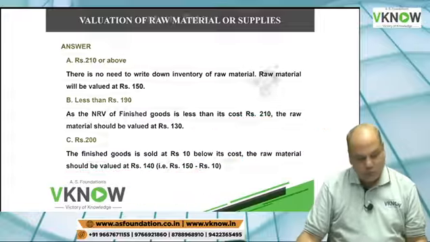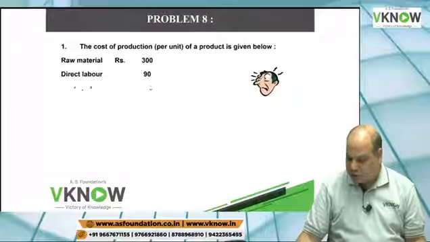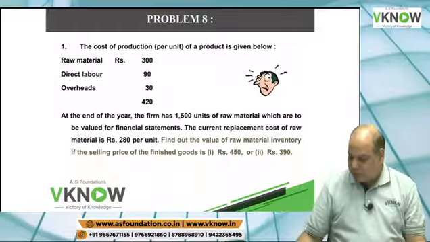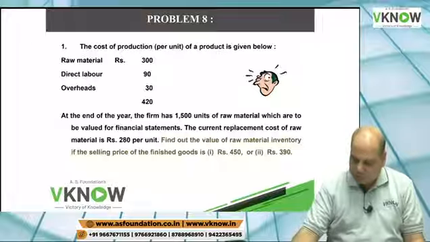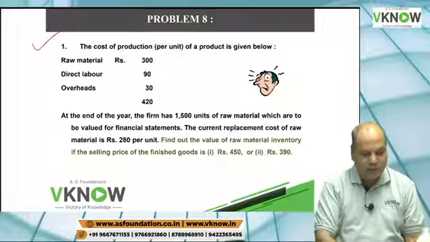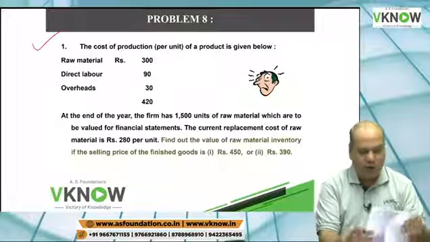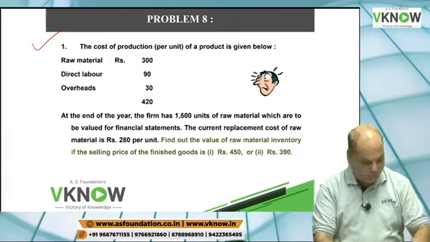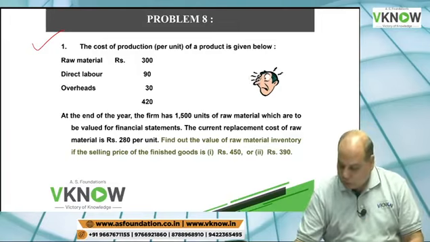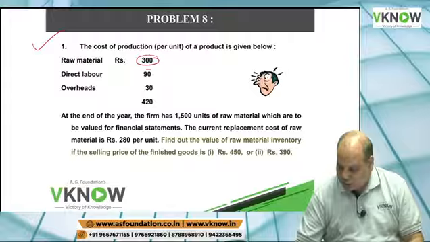And when you do the practice of question number 8, let us practice one more question. Question number 8 is there. We'll practice together in the classroom. Raw material cost is 300, labor 90, overheads 30.